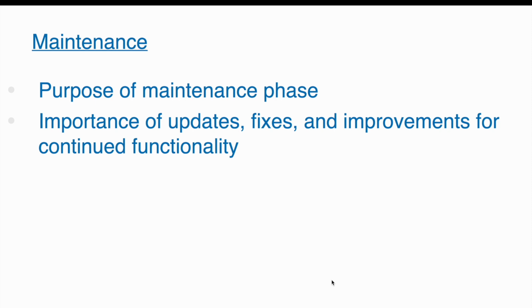The maintenance phase is basically when the product is deployed. After that, if there is any production bug or anything that needs to be updated or fixed, that will come inside the maintenance phase. This procedure of taking care of the developed product is known as maintenance.